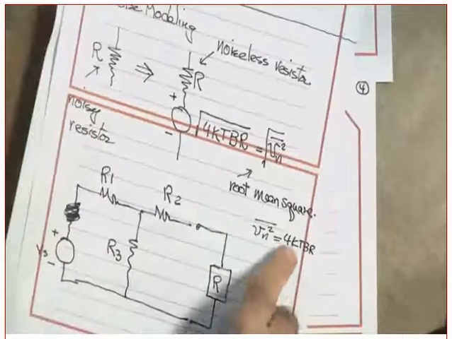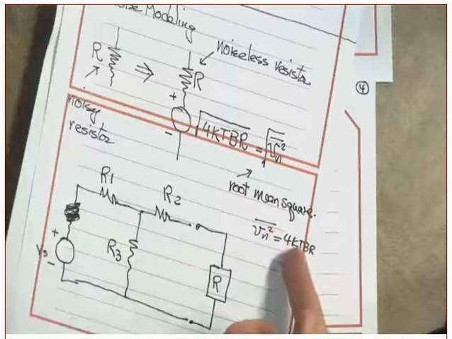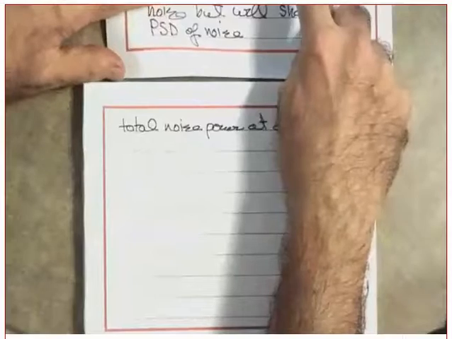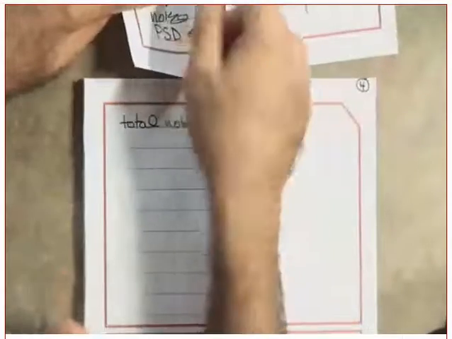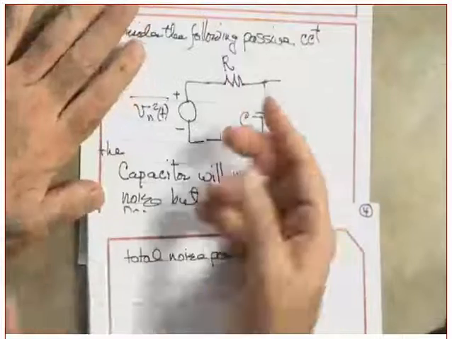Answer me the following question. Is this constant? That's constant. Is it a function of frequency? It's not a function of frequency. This is this guy. I would like to know what is the noise power in here. I need to figure out how this one is shaping. Yes or no?